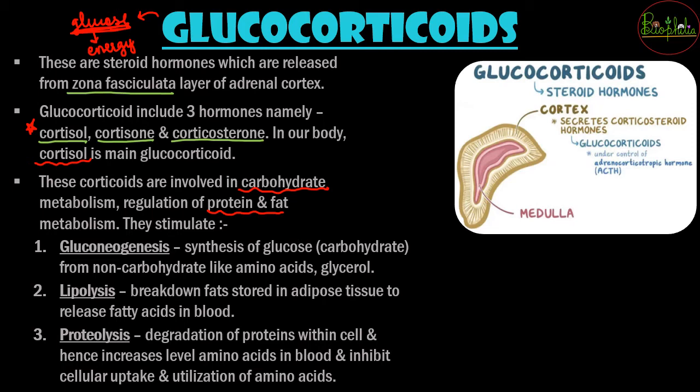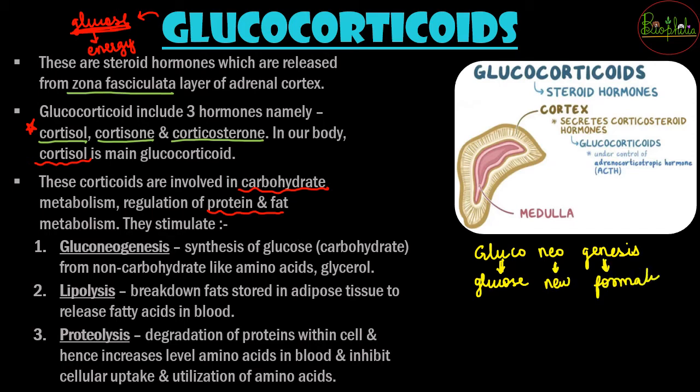The first is gluconeogenesis. Gluconeogenesis has three parts you need to understand: gluco is glucose, neo refers to new, and genesis is formation.